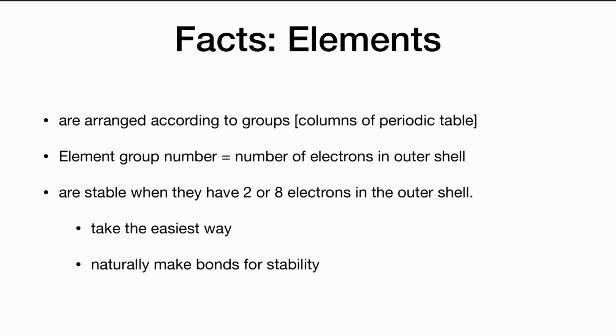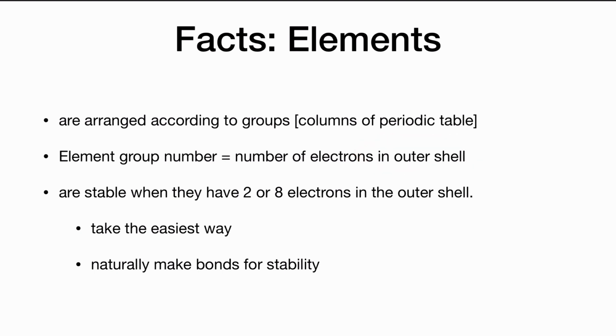Why are we interested in electrons that are in the outer shell of an atom? The truth is, the electrons in the outer shell are the only ones that participate in bonds or reactions. Whenever an atom bonds with another, the only electrons responsible for that bond are the outer shell electrons.